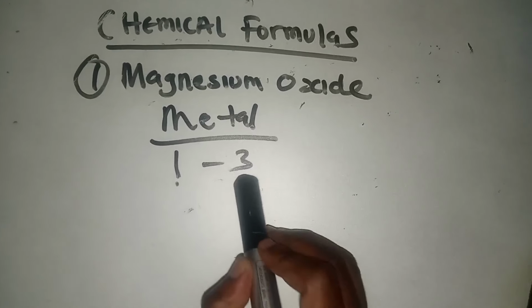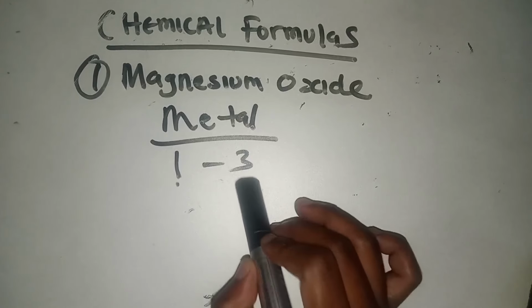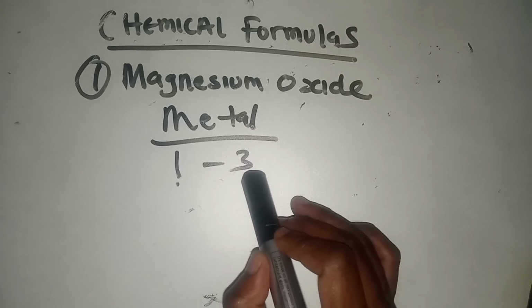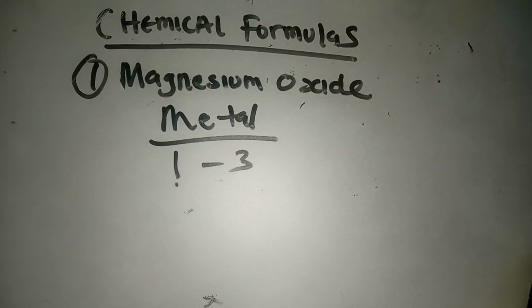Equally, every element found in group 3 has a valence number of 3.